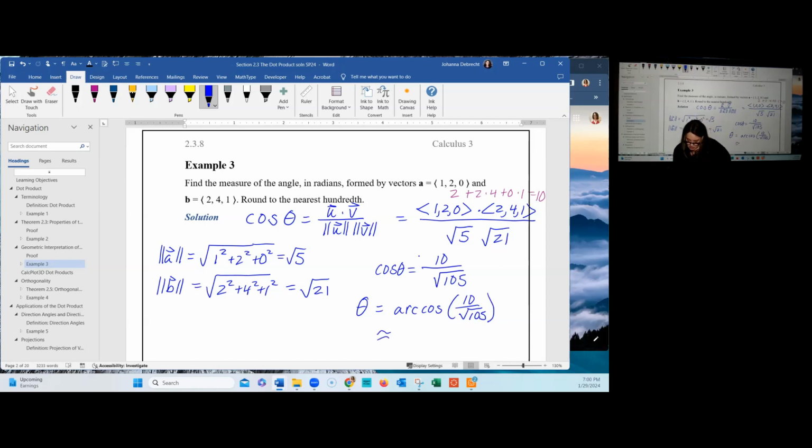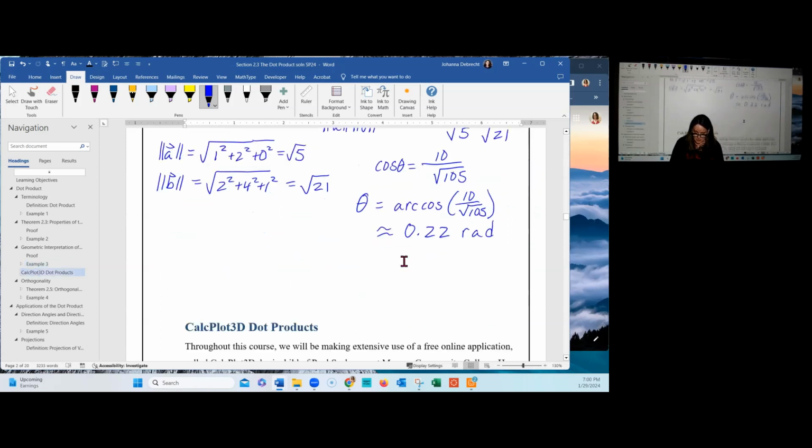If you crunch it into your calculator, which you will have to do for this one, it turns out to be about 0.22 radians, which is quite small. Remember that quadrant 1 goes from 0 radians to pi over 2 radians, and pi over 2 is about 1.57. So 0.22 is really low, like 7 degrees or so, really small.